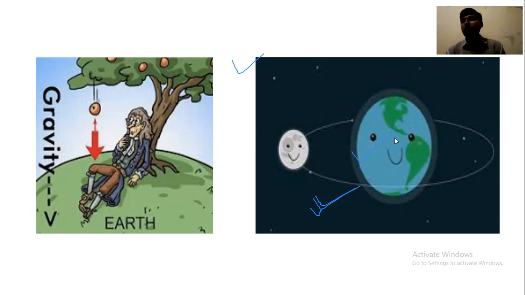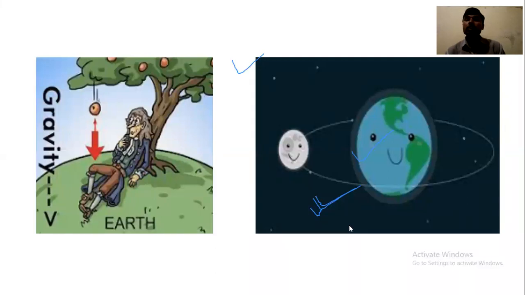Like that, we look at the earth. The moon revolves around the earth. Why is the moon revolving around the earth? Why does the moon not fall on the earth? This was also a question for Newton.